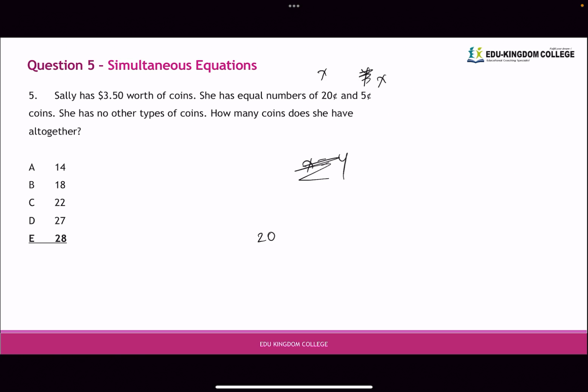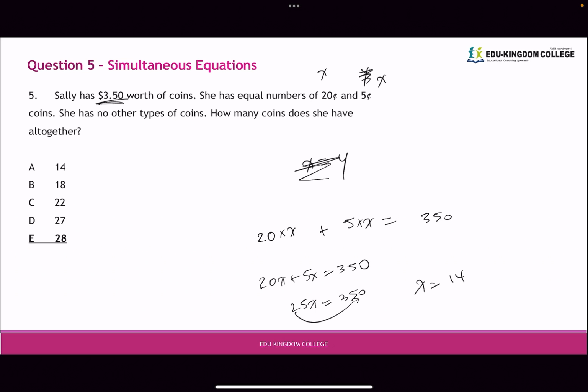So 20 times X. So we have X number of 20-cent coins, and then 5 times X. How many cents is $3.50? 350 cents. Okay, so 20X plus 5X equals 350. That's 25X equals 350. Move the 25 over, so X equals 14.